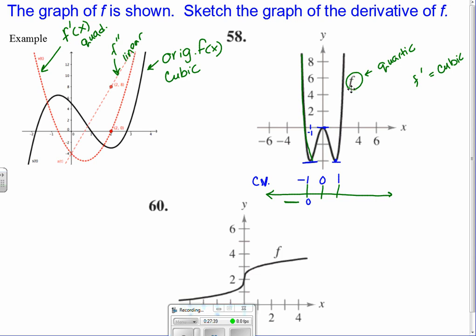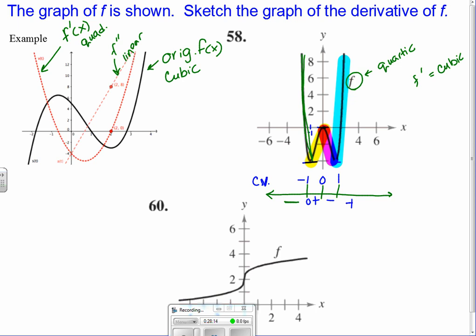So negative slopes all along here. So I indicated with the negative sign. Between -1 and 0, this region there, I have positive slopes. So I'm going to put a plus sign right here. In this region, let me grab a different color. In this region, I'm back to negative slopes. So here's a negative. And finally, back increasing function.